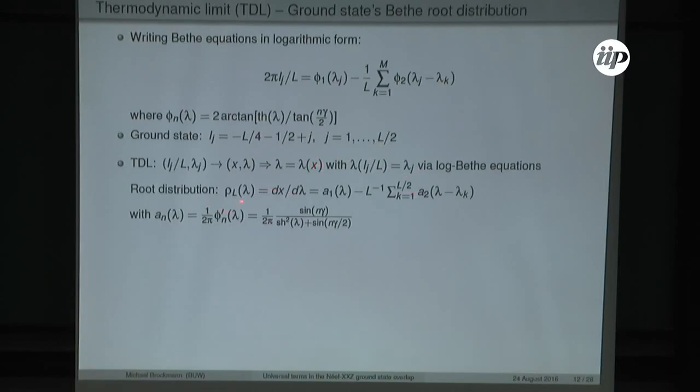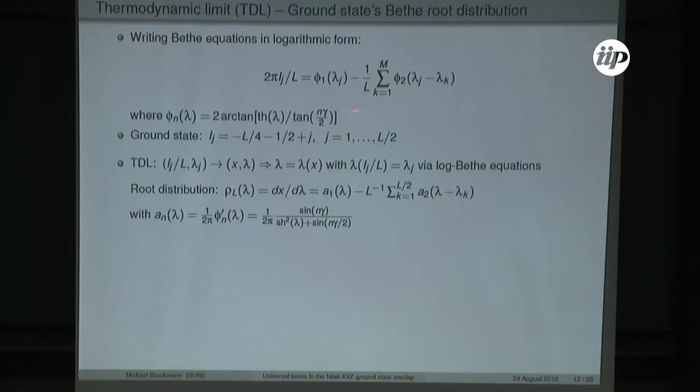The root distribution for a finite L can then be written in this way. This can be taken as a definition for the root density at finite L, and if you plug in the ground state roots, you get your exact rho of lambda.